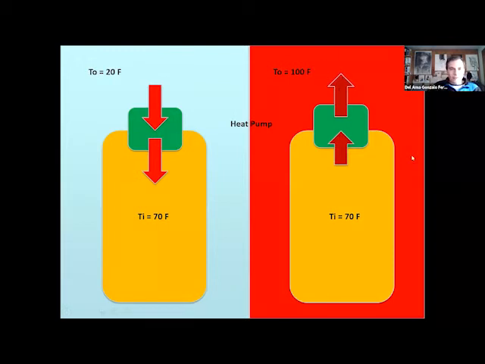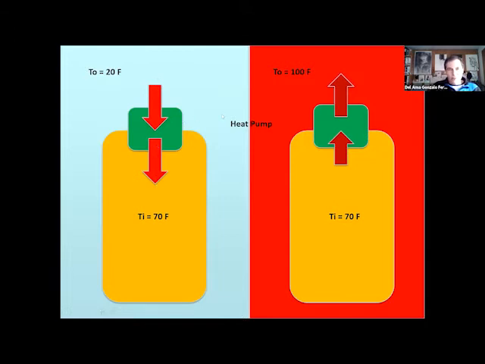So we are doing something that is not natural, because usually if we have this temperature here and this temperature outside, the heat will tend to go out, and it goes out through the windows, through the envelope of the building. But the heat pump is getting that heat that we have outside, and then it's releasing that heat inside.